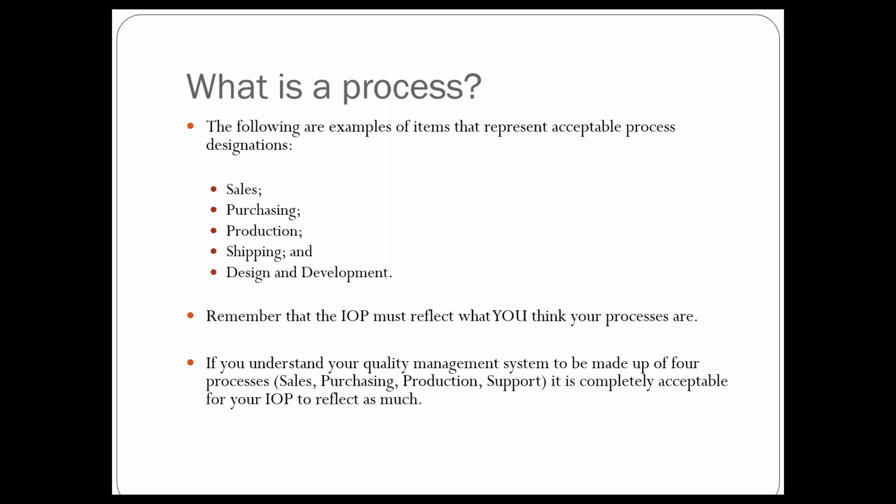Now, our auditors are going to verify that what they're seeing is squaring with what you're telling us, but it is your right to name your processes. We do recognize that. So if you think that your system is made up of a very short list of processes, well, fine. We will endeavor to work with that as long as it matches up with what we are seeing in practice.